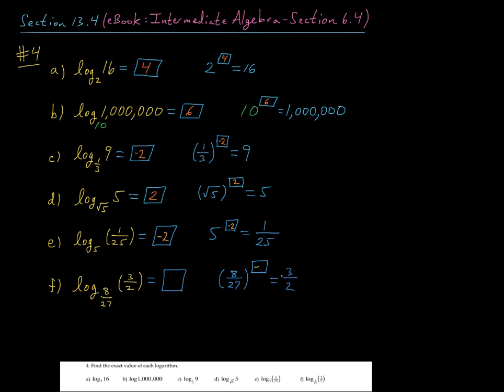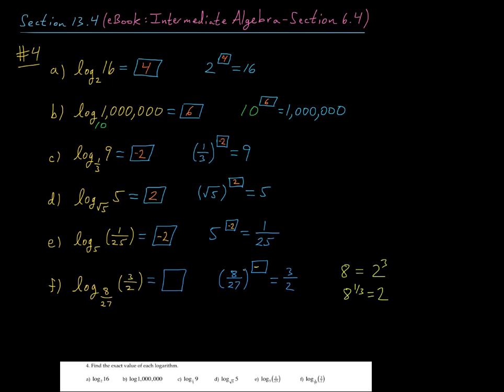And then the question is, how do I go from, say, 8 to 2? Well, 8 raised to what power is equal to 2? Well, 2 cubed is equal to 8, so 8 to the 1/3 would have to equal 2.